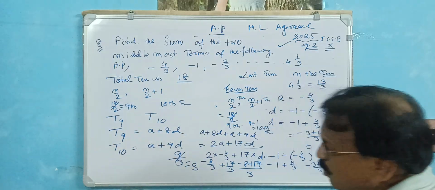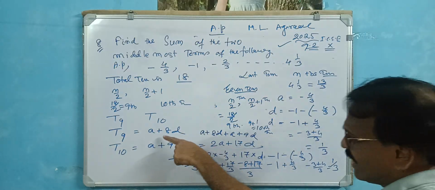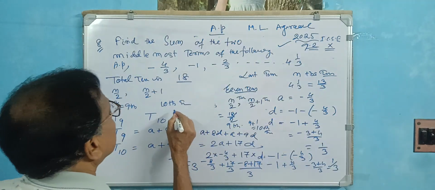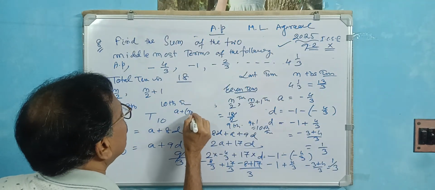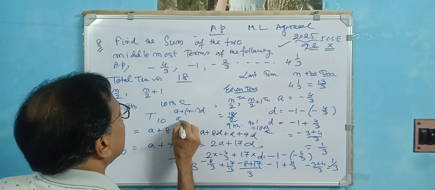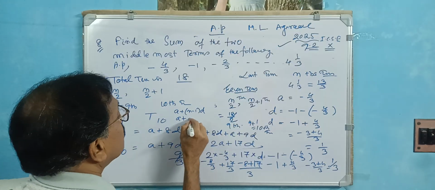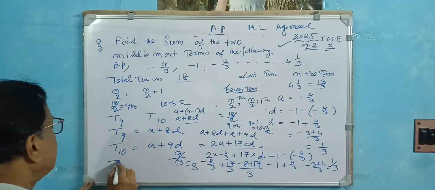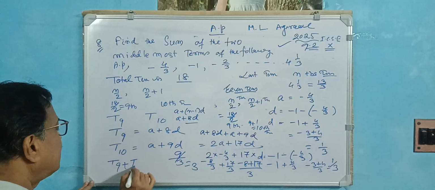T9 means a plus n minus 1 into d, that is a plus 8d. I am not repeating this again and again. A plus n minus 1 into d, with n as 9, 9 minus 1, 8d. So the sum is T9 plus T10.